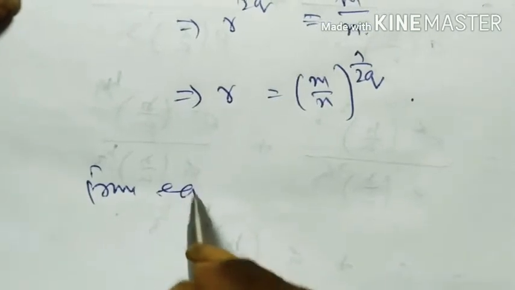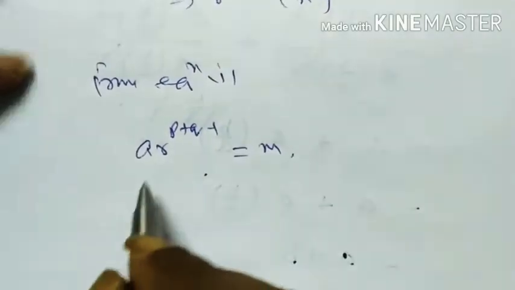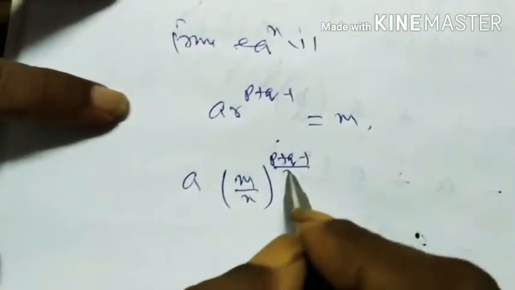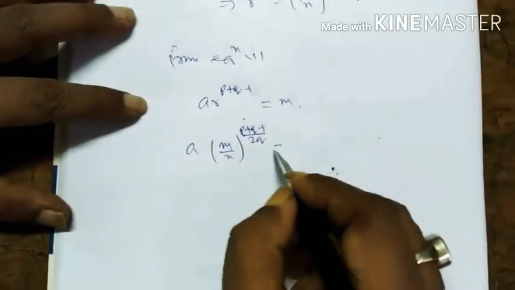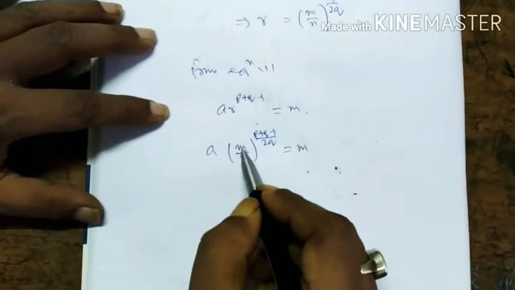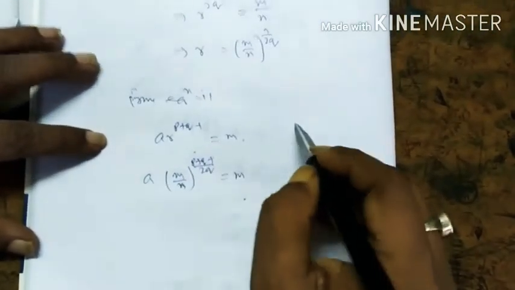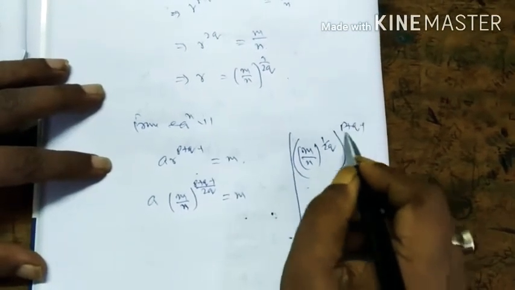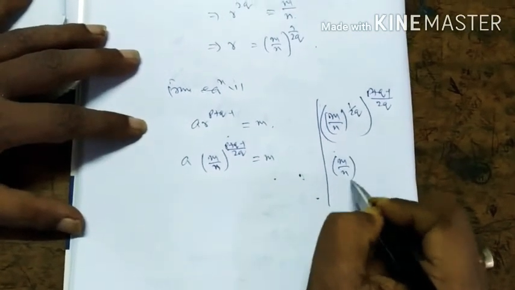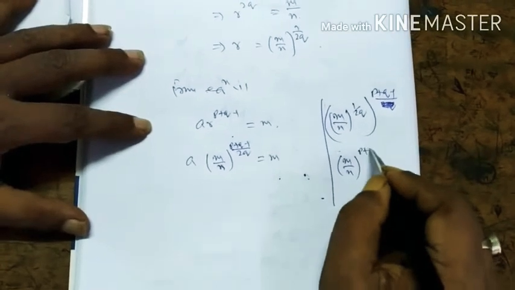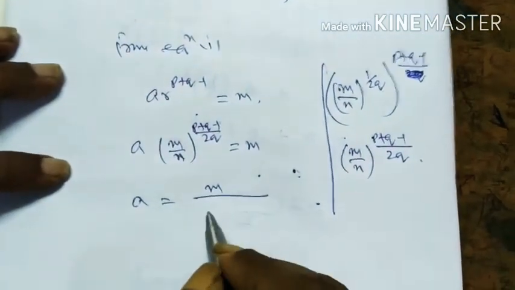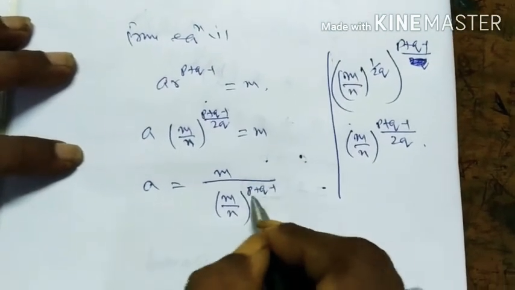So from equation 1, A R to the power P plus Q minus 1 is equal to M. The value of R is (M by N) to the power 1 by 2Q, so A times (M by N) to the power (P plus Q minus 1) by 2Q is equal to M. Now the value of A will become M divided by (M by N) to the whole power (P plus Q minus 1) by 2Q.